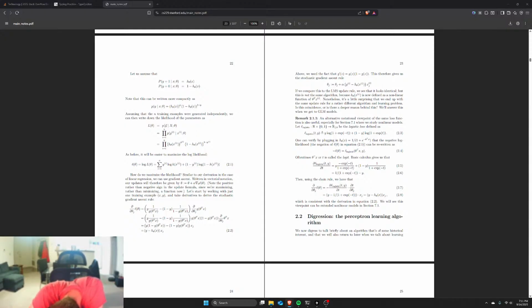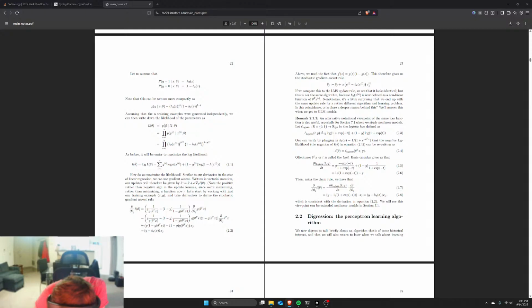Why am I always forgetting this kind of stuff? It's f of g of x goes to, we pull g prime of x out times f prime of g of x.